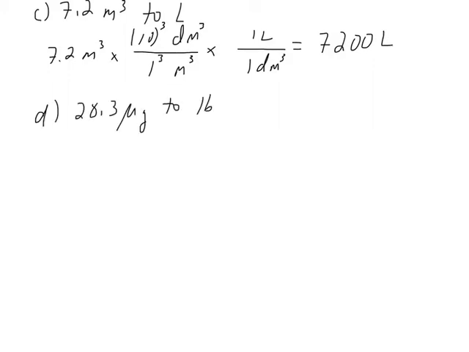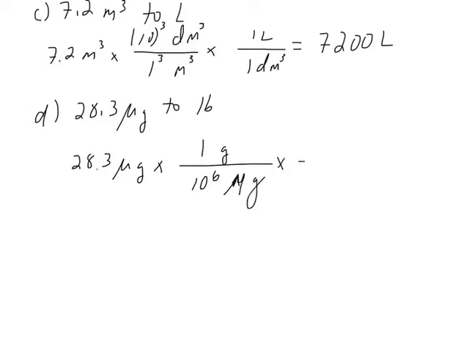And then finally in part D, we're looking at the micrograms to pounds, 28.3 micrograms to pounds. No straight conversion, but I do have a conversion from grams to pounds. So I'm going to take my micrograms, turn it into grams, and then grams to pounds. So I take my 28.3 micrograms times 1 gram is 10 to the 6th micrograms.